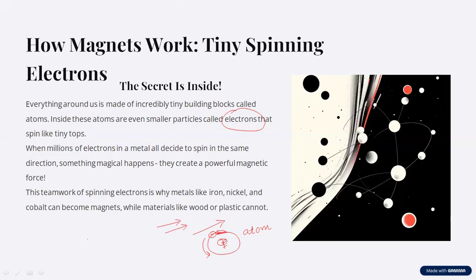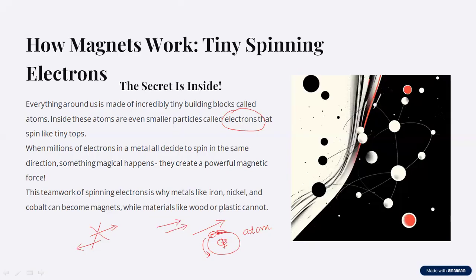Because in some materials one atom is producing force in this direction, then the other atom is producing force in the opposite direction, so they actually cancel each other, right? It's like you are pulling a rope from one end and your friend is pulling the rope from the other end in the opposite direction. If you are both pulling with the same force, the rope is not moving in any direction, right?